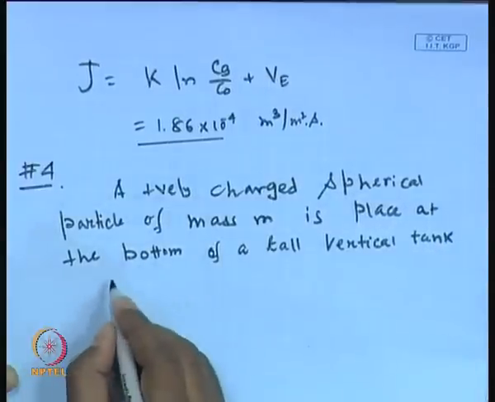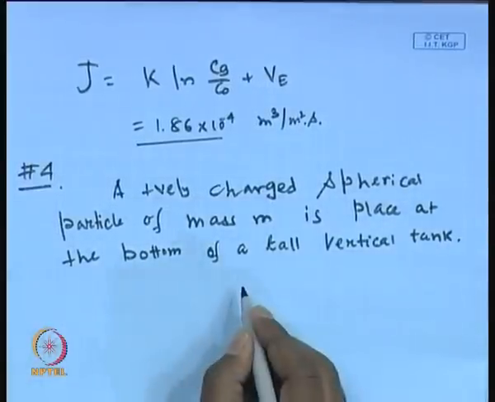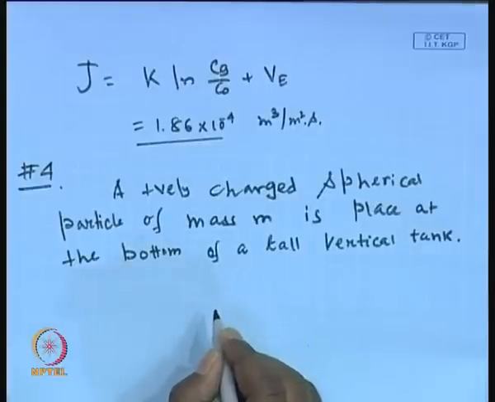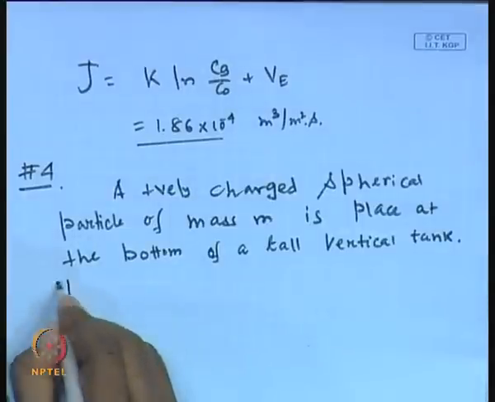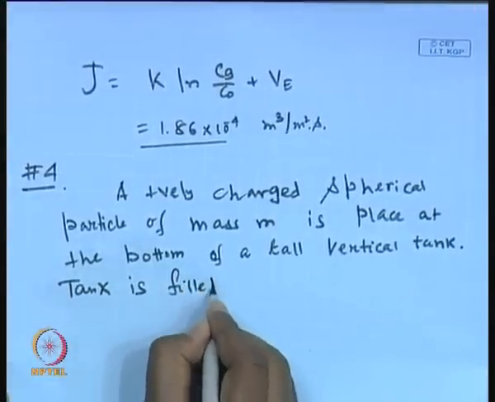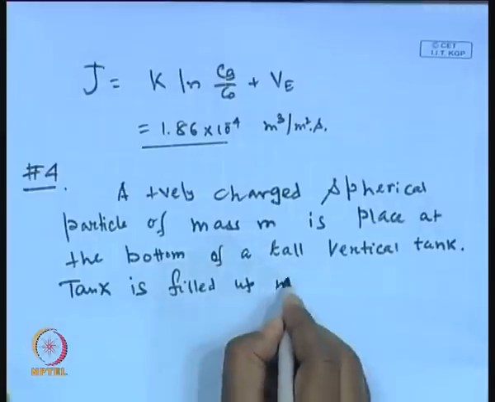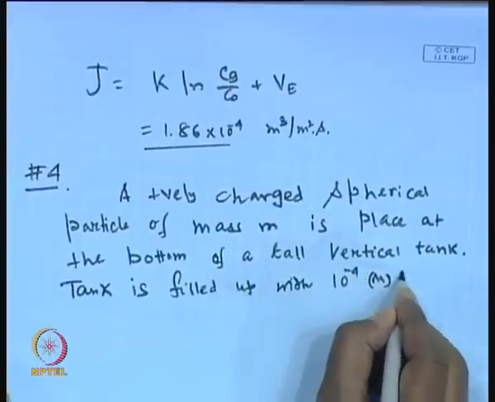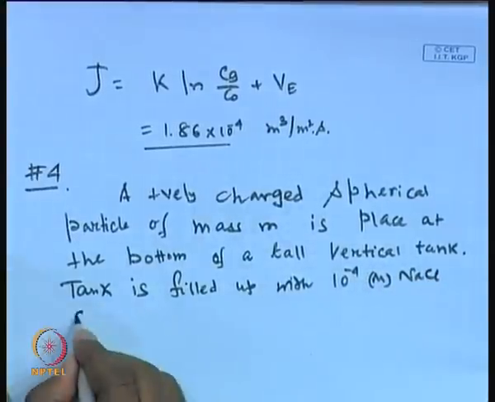We place a positively charged sphere of mass m at the bottom of a tall vertical tank, and the tank is filled with 10 to the power minus 4 molar NaCl solution.